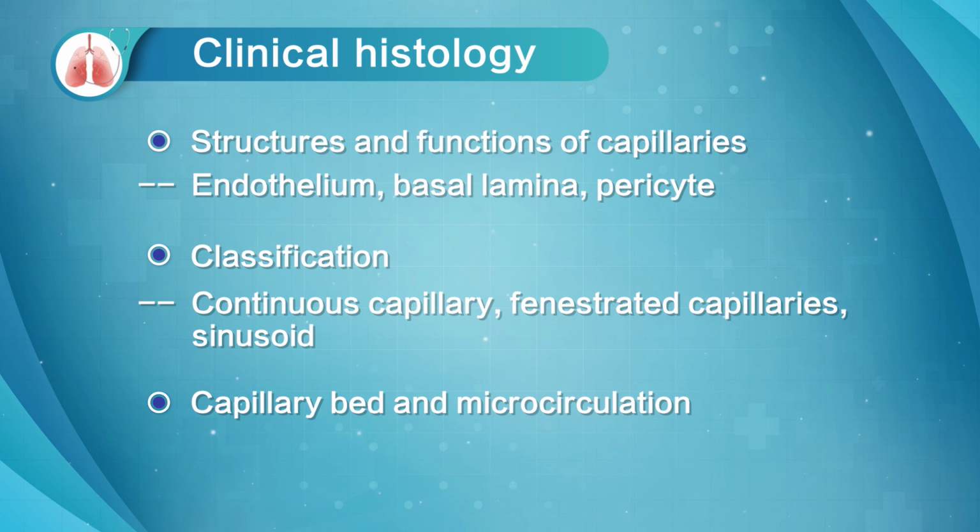The capillary bed, together with other small blood vessels, constitutes the microcirculation in organs and tissues. Blood flows through microcirculation to distribute nutrients and oxygen to the tissues and take away the metabolic products from the tissues with extremely high efficiency. That's all for today.